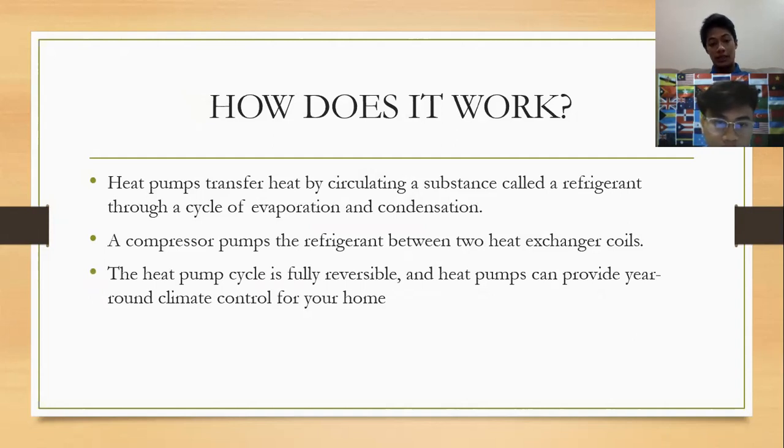A compressor pumps the refrigerant between two heat exchanger coils. In one coil, the refrigerant is evaporated at low pressure and absorbs heat from its surroundings. The refrigerant is then compressed en route to the other coil, where it condenses at high pressure. At this point, it releases the heat it absorbed earlier in the cycle.